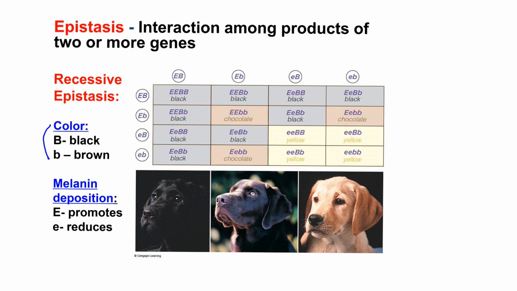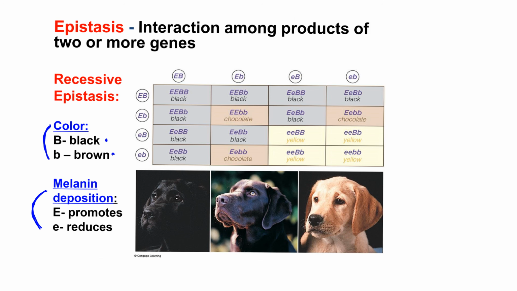One right here is the gene for color, where black is dominant over brown. This gene controls synthesis of an enzyme, which is in charge of synthesis of pigment. Pigment is synthesized in skin. Now this pigment, upon synthesis, has to be transported into fur in order for the dog to manifest fur color. And this transport is controlled by a transporter, which is encoded by a different gene, E.